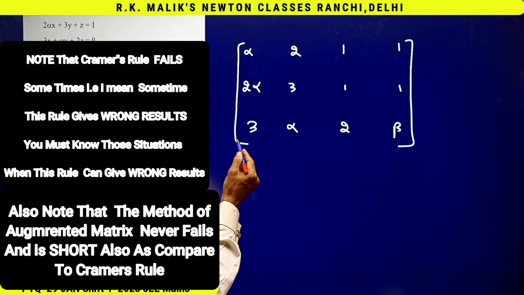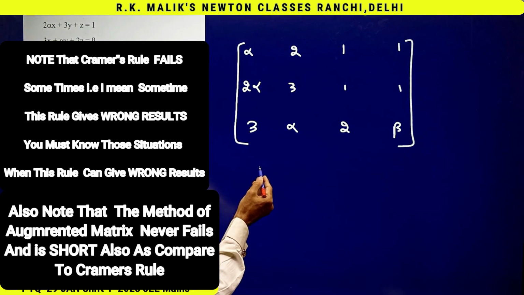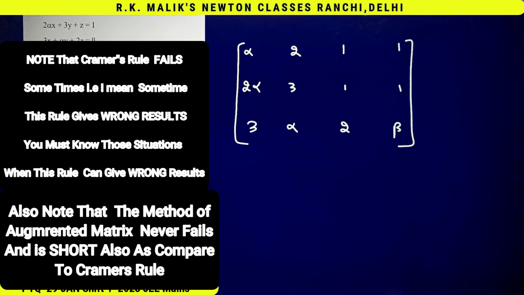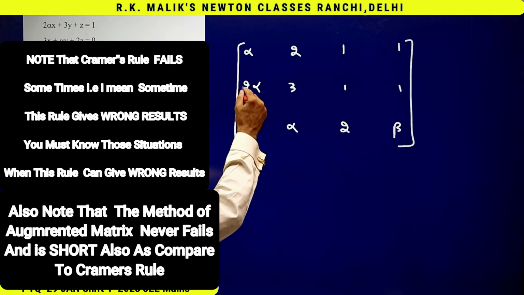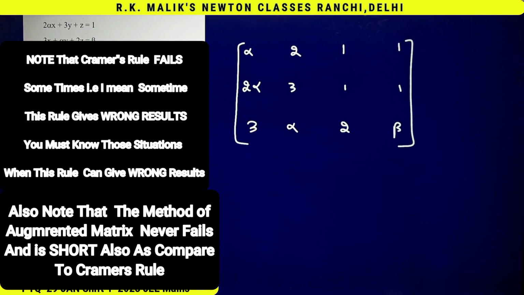Now using elementary row transformation, I will be converting this matrix into echelon form. That is, I will make these three elements 0 with the help of elementary row transformation, and after that, we will decide. If you don't know the concept of augmented matrix, I will suggest you see my video of matrices for JEE.